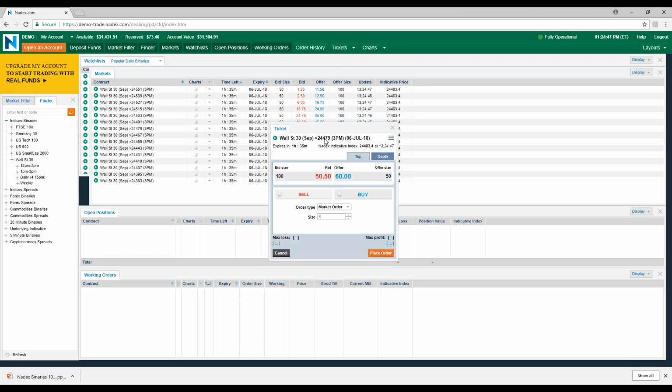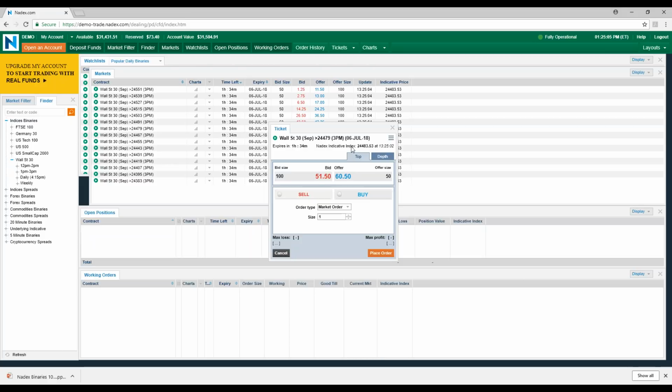Do you see right here, I can see the indicative index? Right now it's at 24,483.6.